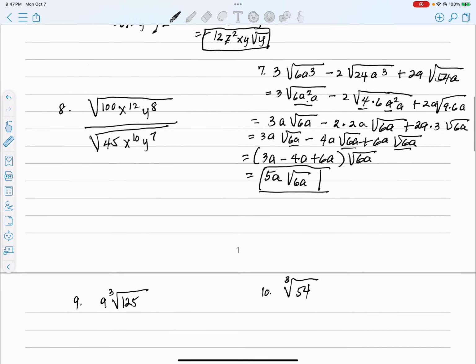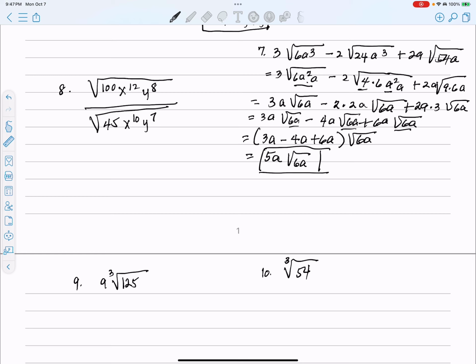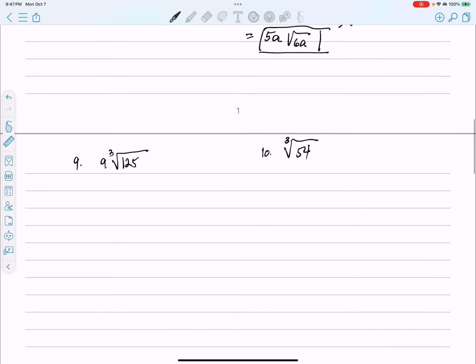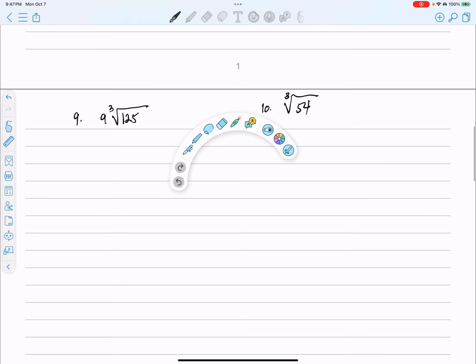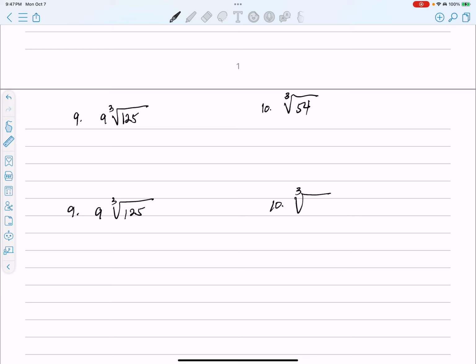We have number 8. I think I need to bring this down. I need a bigger space. Let me do this first. I'm giving you an example of a cube root. So cube root of 125 and number 10 is the cube root of 54.